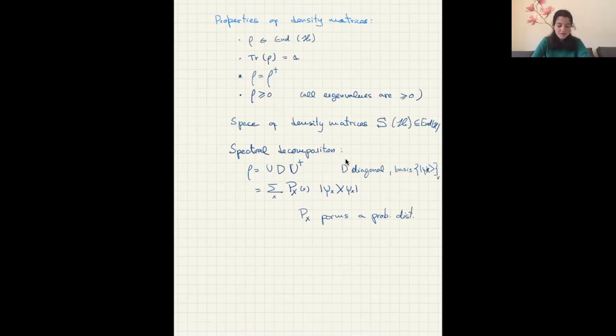So you can always think of rho as a probabilistic mixture of these states that we will call pure states. We'll see this in a moment.